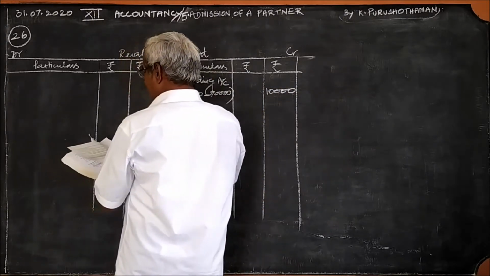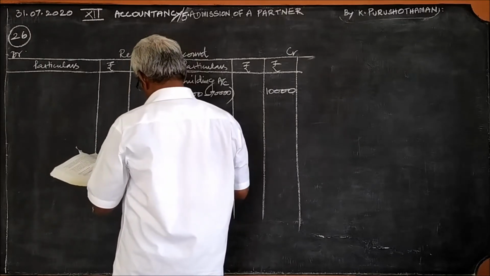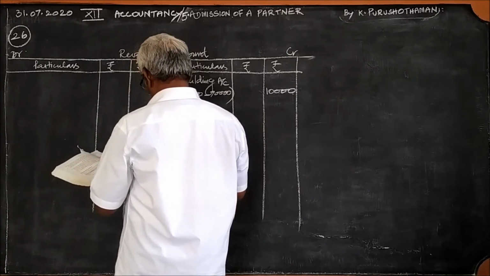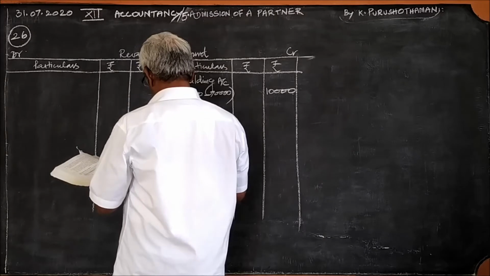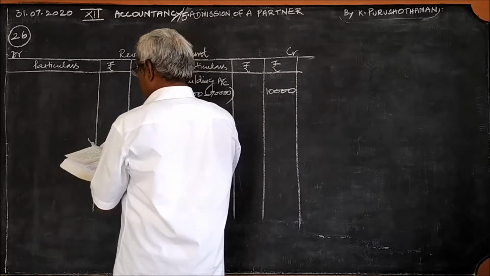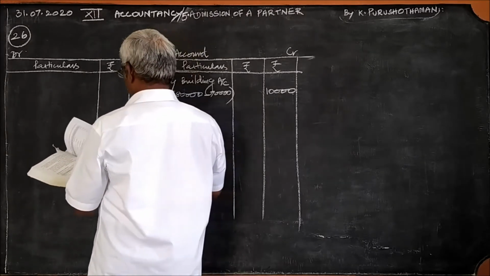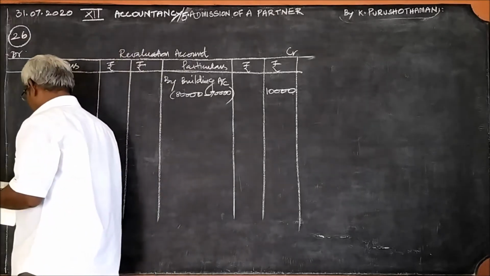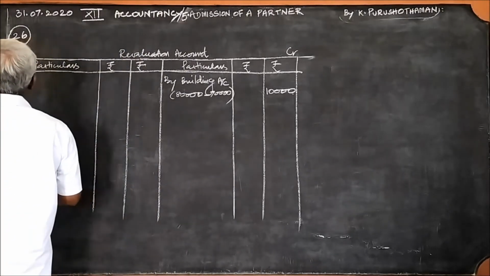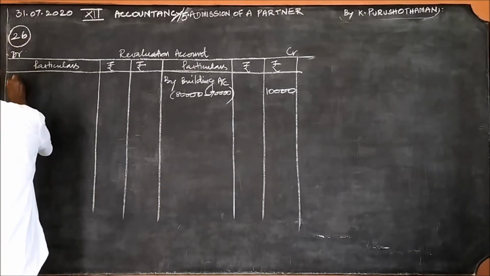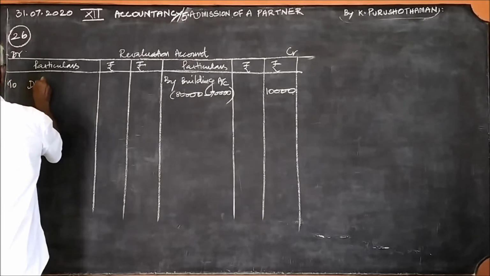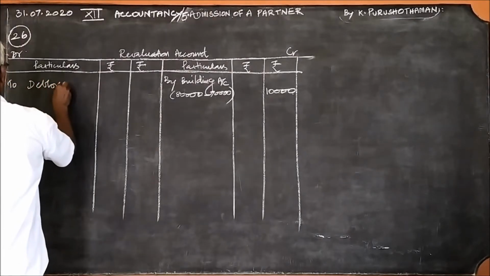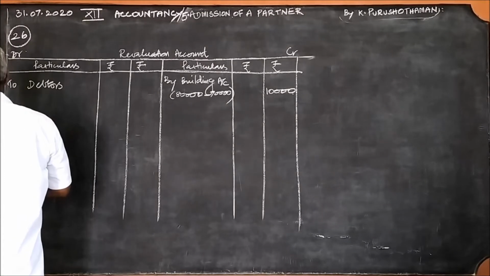Then the second item is debtors. Debtors already in the book 20,000. Now the debtors value is 18,000. It is a decrease. Debtor is an asset. Decrease in asset, therefore it is a loss item. To debtors, already there is 20,000.